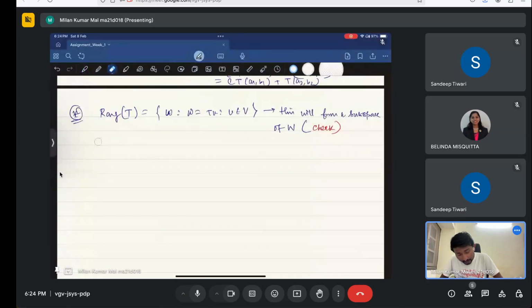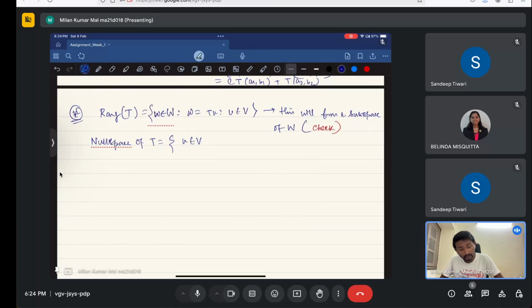Now the second thing is the null space of T. That is equal to all those elements V in the left hand side vector space V such that TV is equal to 0, because in the right hand side vector space there is a 0.